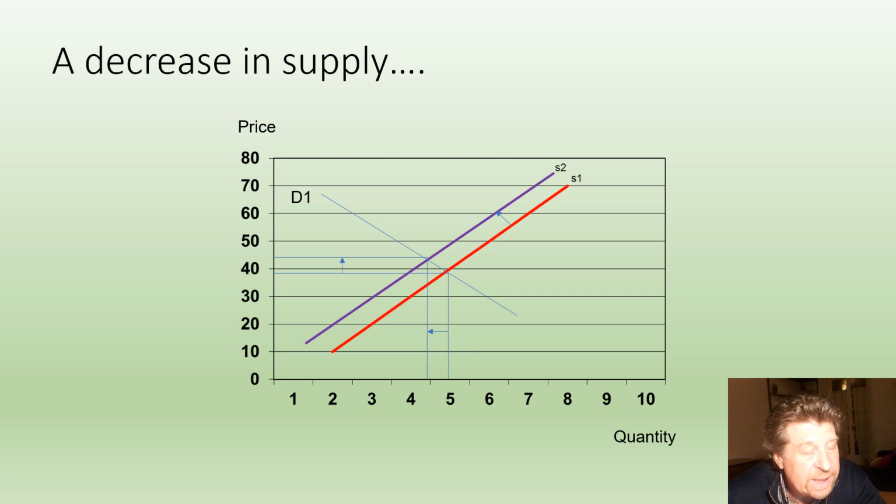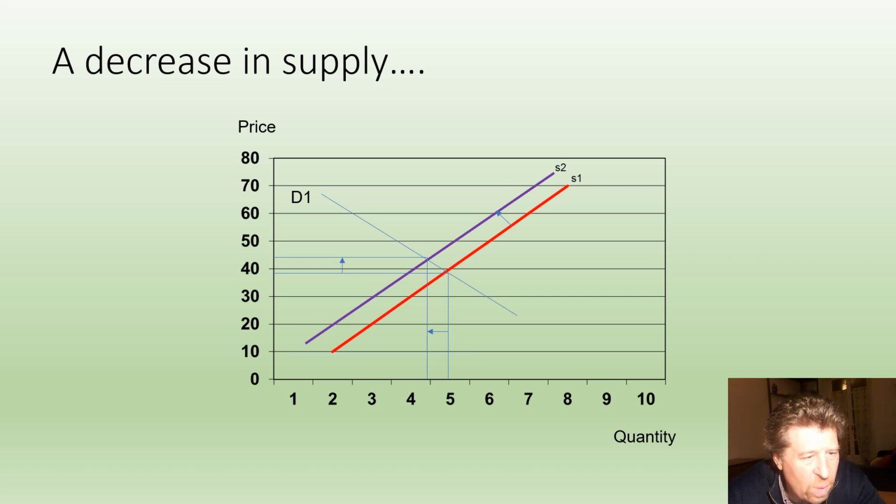A decrease in supply, maybe this could be, I don't know, terrible weather that has destroyed all the vegetables, all the wheat in the farms, and this has reduced supply. And here we see that the supply goes from S1 to S2, so it goes left.